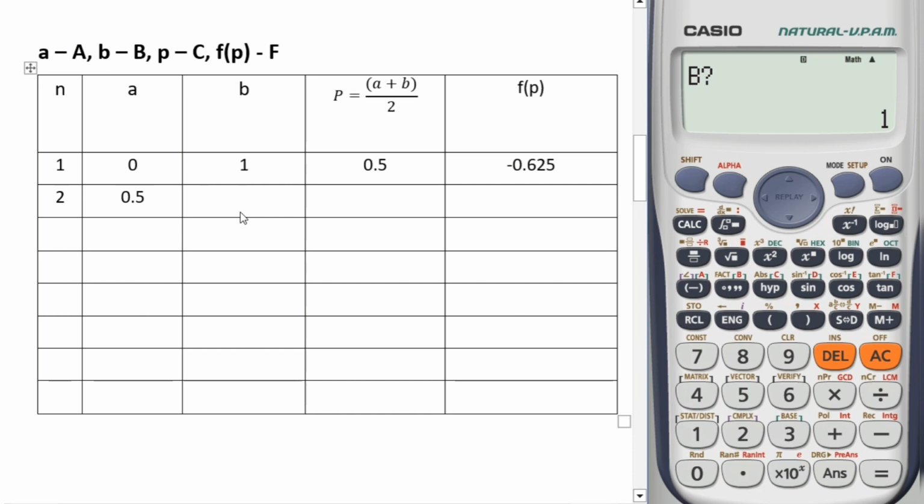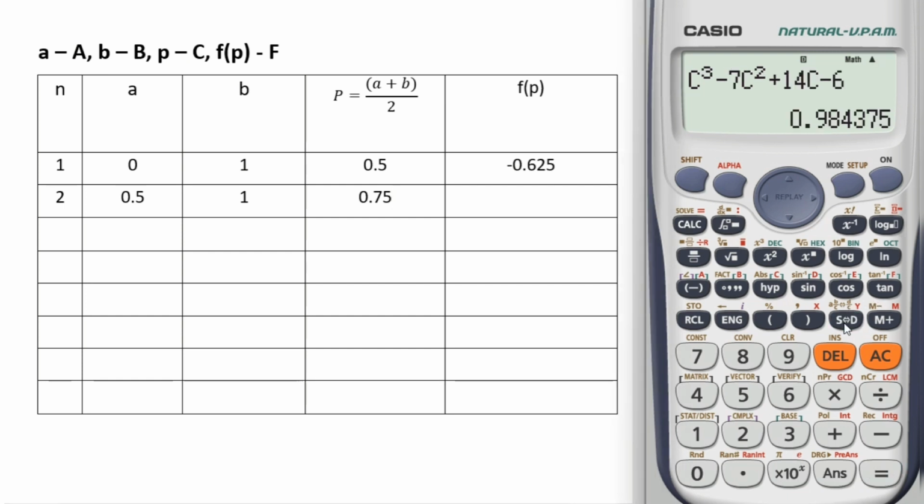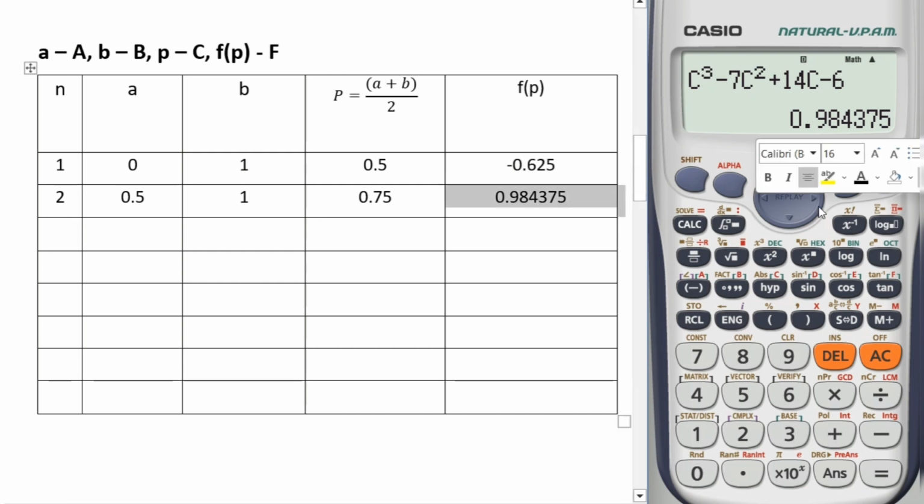When we click the equal button, we have 0.75, and again we have a positive value, 0.984375. Therefore, B is equal to 0.75. It means in the third iteration our root is between 0.5 and 0.75.